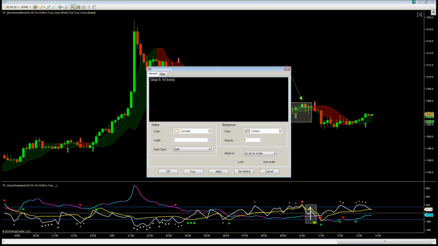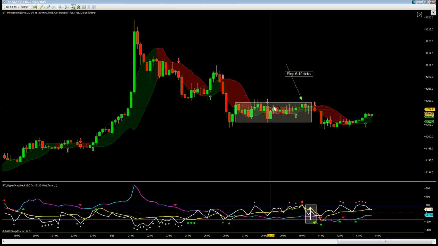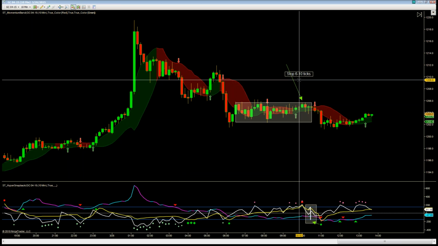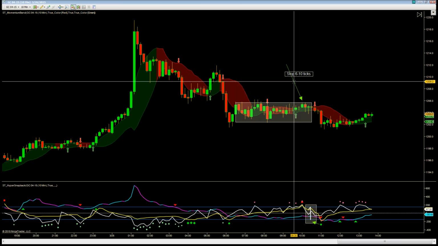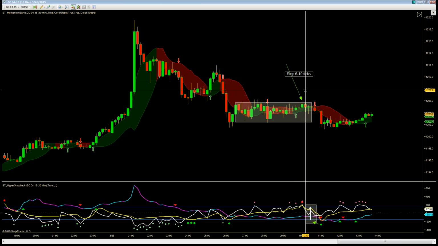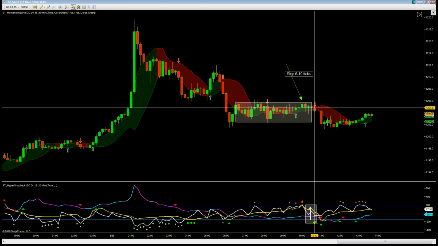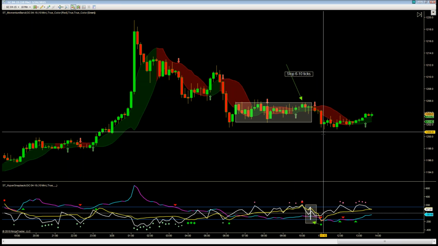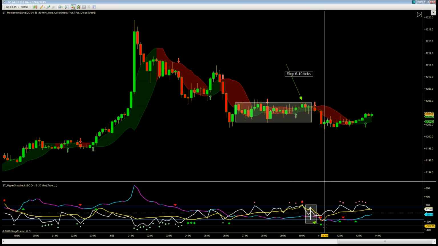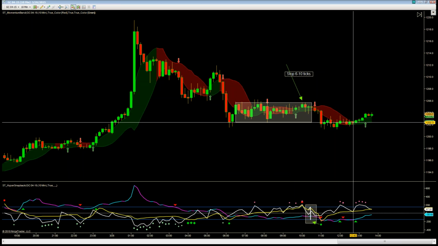Very precise trading, very methodical. And then you follow this trade all the way down. You can lighten up in here or just get out when the momentum band changes.